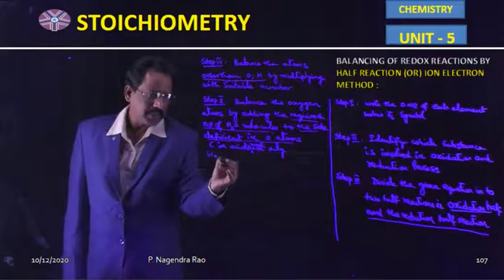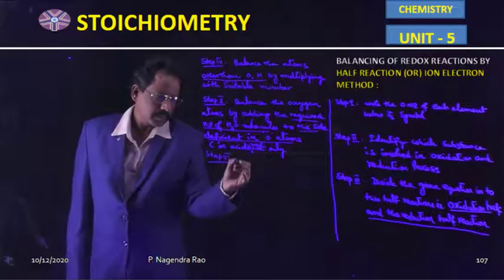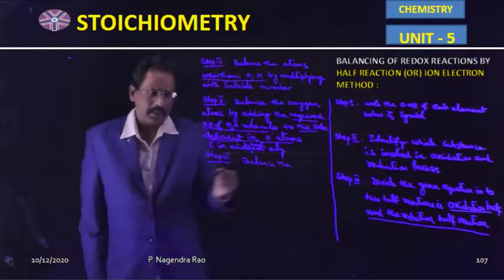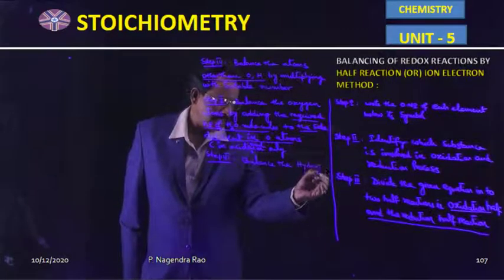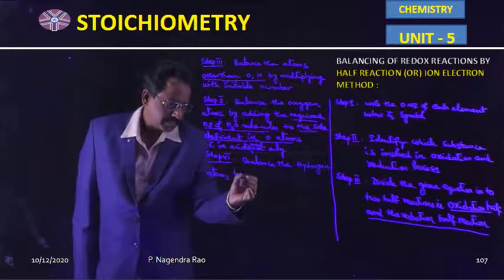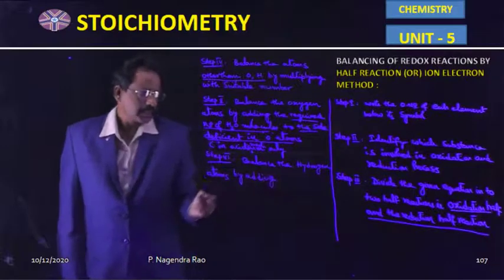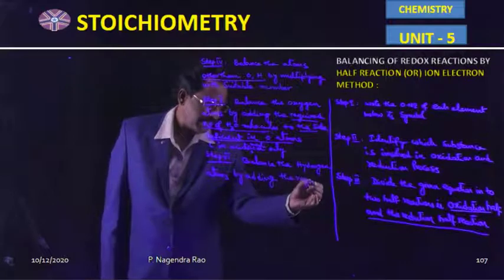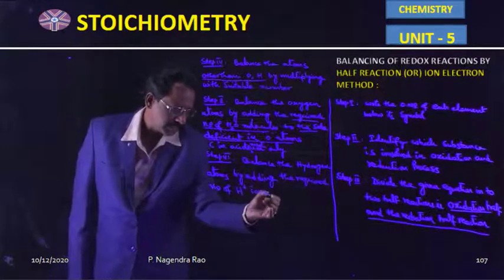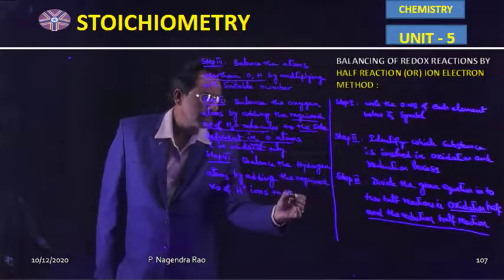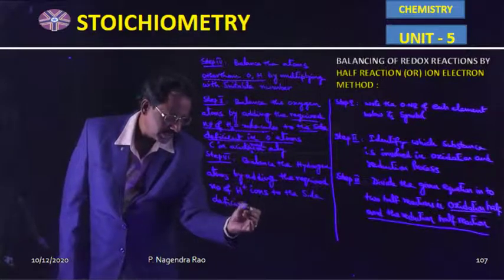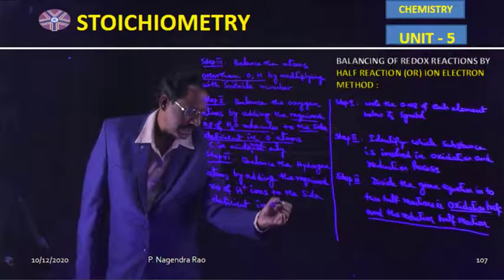And then the next step is to balance the hydrogen atoms by adding the required number of H plus ions to the side deficient in hydrogen atoms.